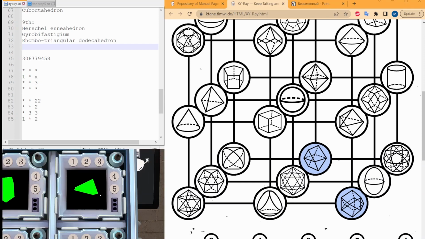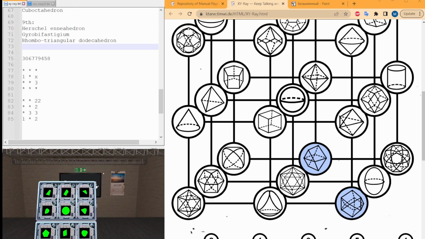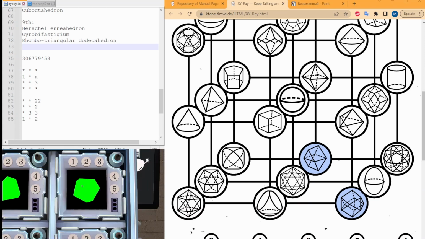Let's count the number of vertices first. Okay, starting with the 2 vertices that appeared at the beginning, here and here.